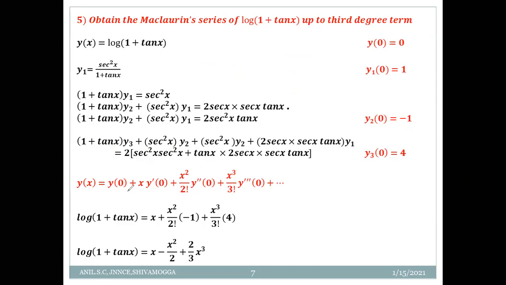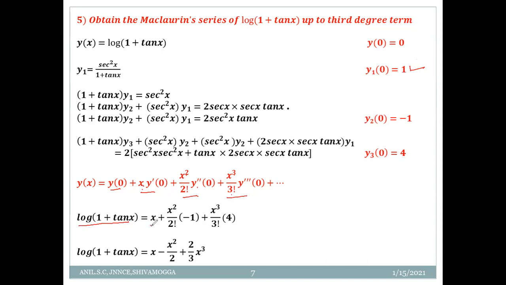Write the formula up to third degree, that is y of 0 plus x into y dash 0 plus x squared divided by 2 factorial into y double dash 0 plus x cubed divided by 3 factorial into y triple dash 0. y of x is log 1 plus tan x and y of 0 is 0, plus x into y dash is 1.